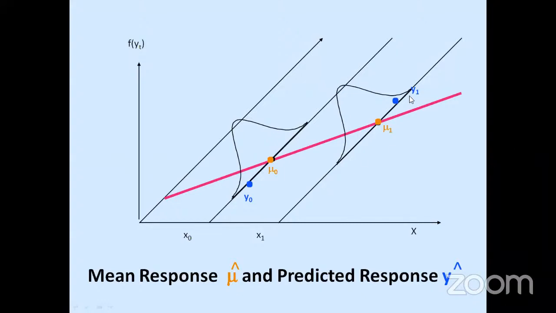So many things will happen like that. This is a homoscedastic kind of situation, which I will explain later. So the mean response is mu cap and the predicted y response. These things are moving in a linear direction, so we generally estimate the linear equation, with a constant mean, moving in a linear direction.